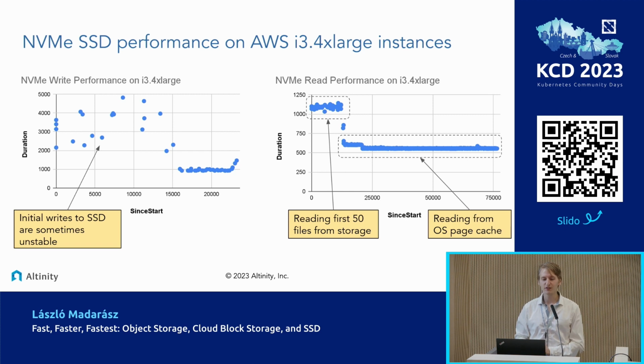On the left, those are the write performance data. What is interesting is that the times it took to write these files are scattered around, and then everything gets into line, and the speed seems to increase.